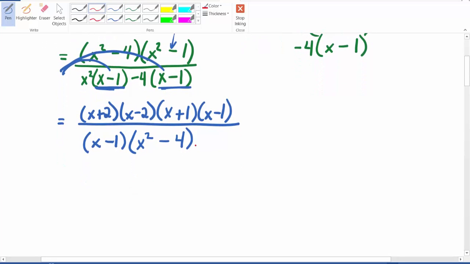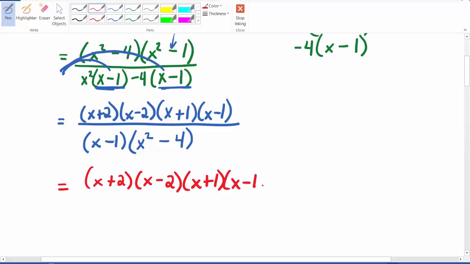Factoring this further, we have x plus 2 times x minus 2 on top still, times x plus 1 times x minus 1, all over x minus 1 times, really on the bottom, this x squared minus 4, which is the difference of, again, two perfect squares.